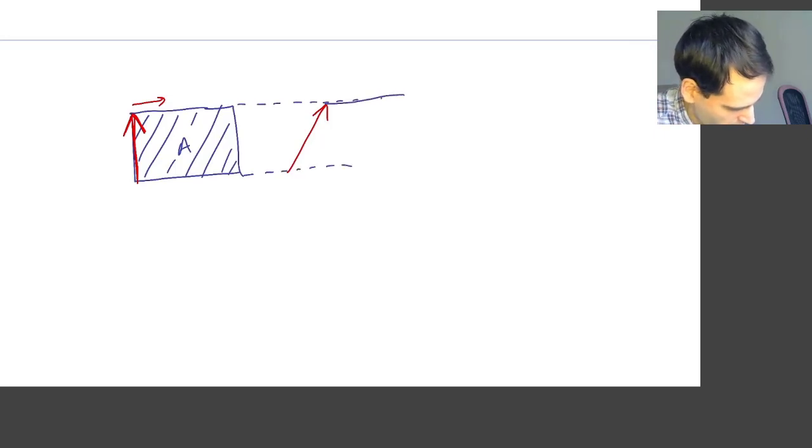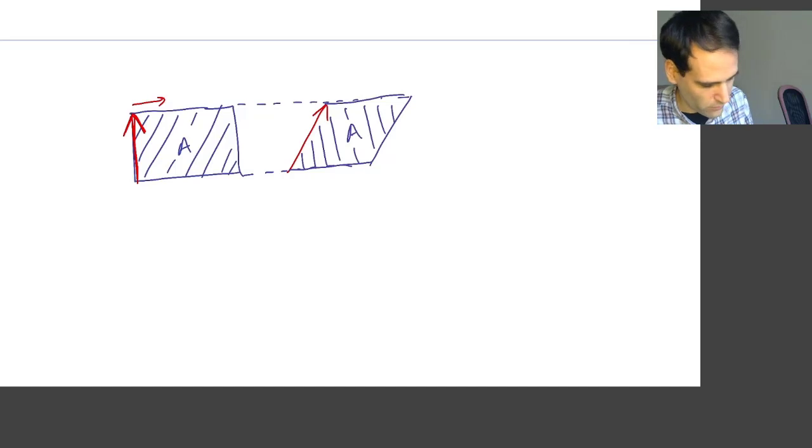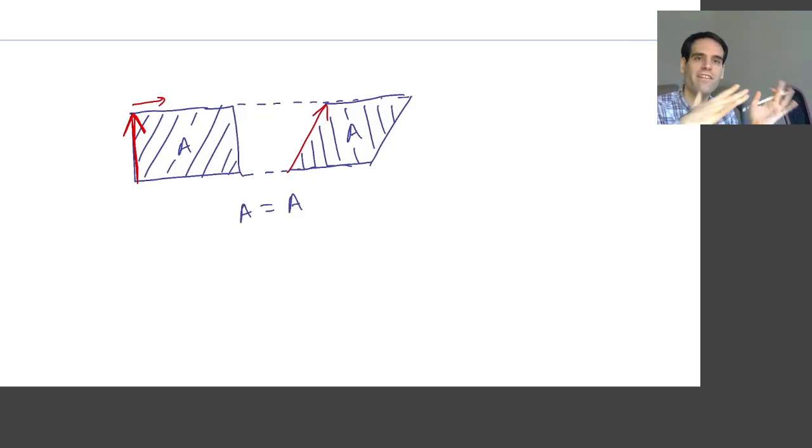So the resulting area, which in 2 dimensions is called a parallelogram, is equal to the area before the shear. So shears do not change areas, or the volumes of a parallelepiped.